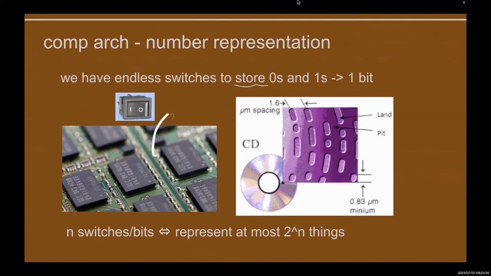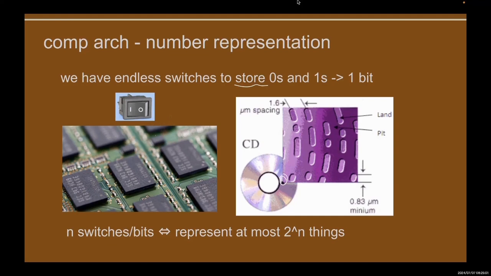Okay, and also in a CD. So if you make it very big, and these are 0 and these are 1, maybe this is 0 0 0 1 0 1 0 0 1 0 0. Yeah, something like this.